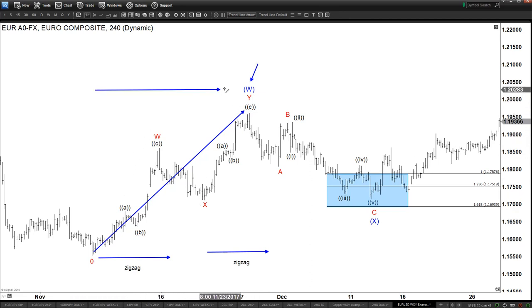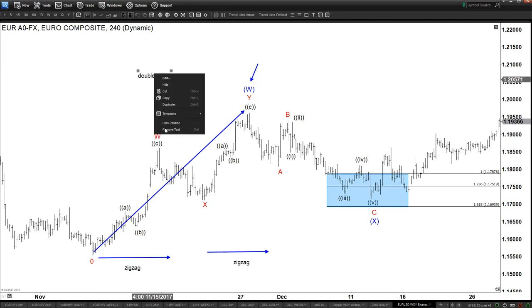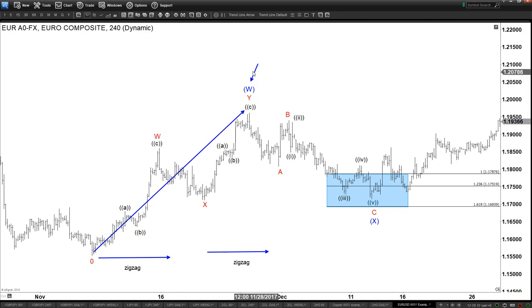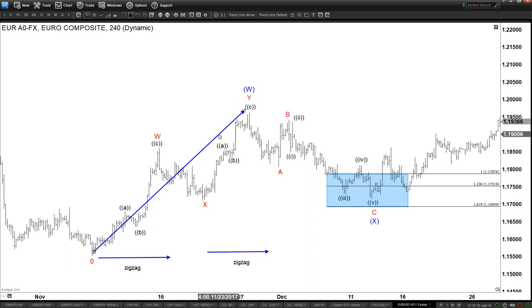So we got this double 3 here, right? And then we got this correction, the X here, and then the Y here. We are not going to take a look at it. But again, just to show you that everything needs to be a part of something that is greater, to make sense of the entire move from the highest time frame to the lower time frame.